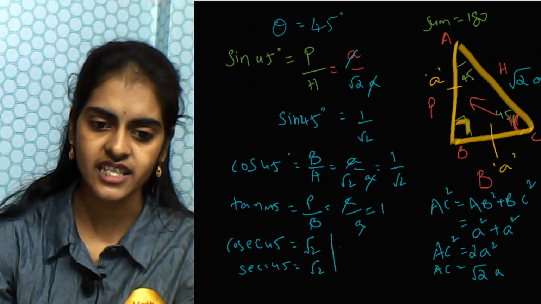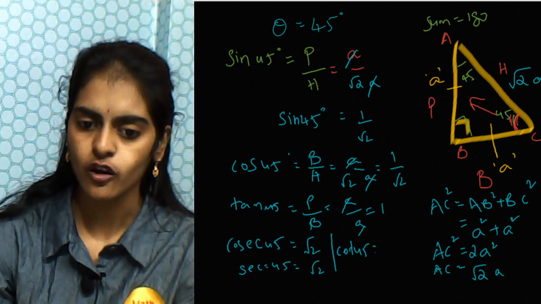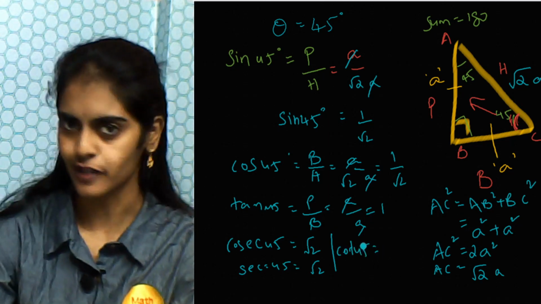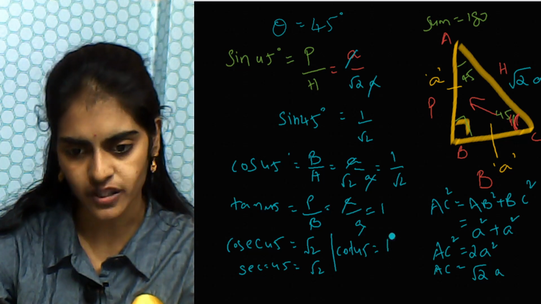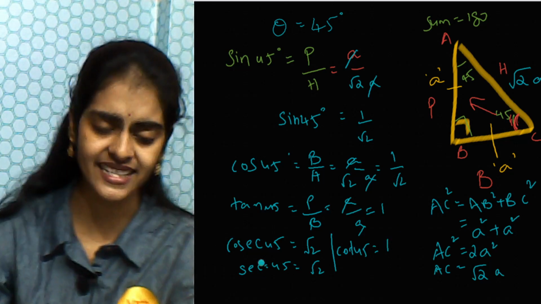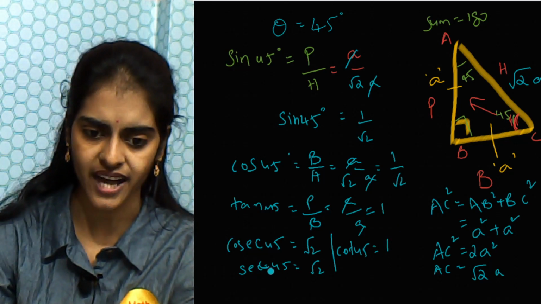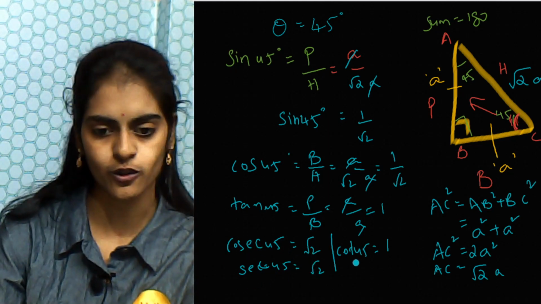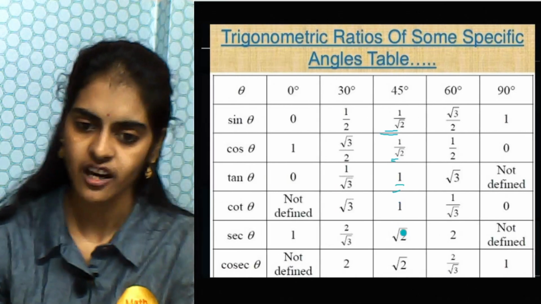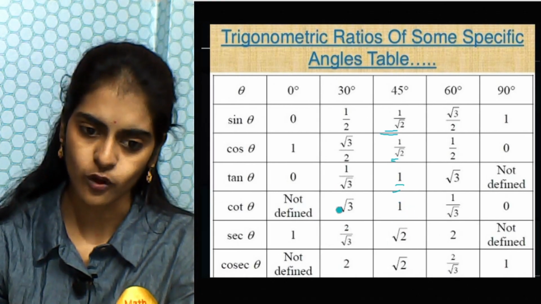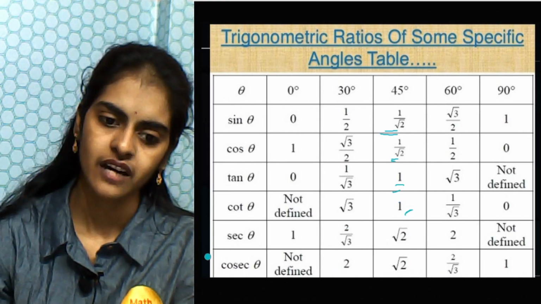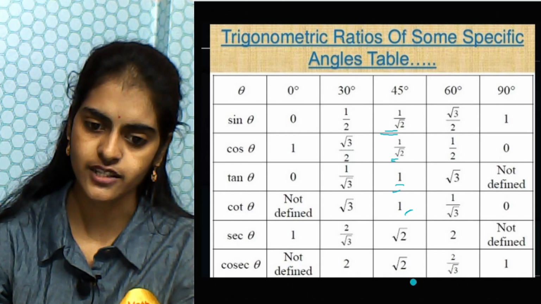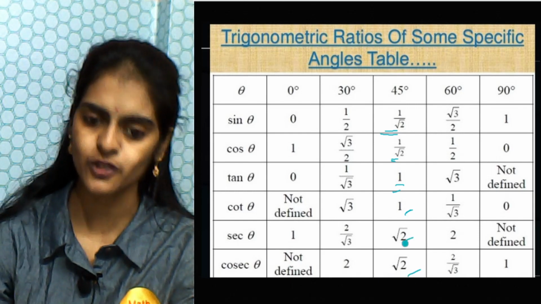Clear? So let us find cot 45. Cot 45 is the reciprocal of tan 45. Tan 45 is 1, so cot 45 is also 1. Just check these values. Cosecant 45 is root 2, secant 45 is also root 2 and cot 45 is 1.